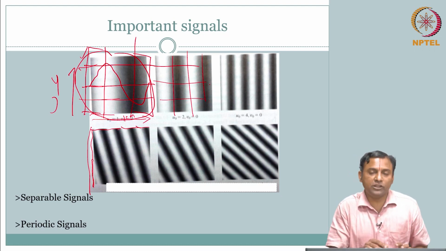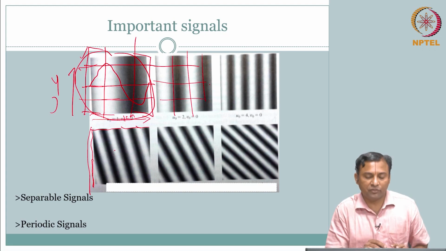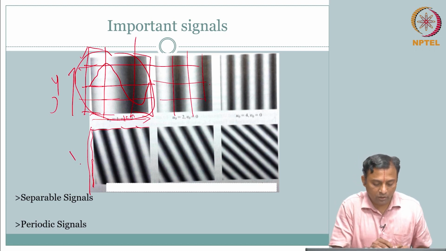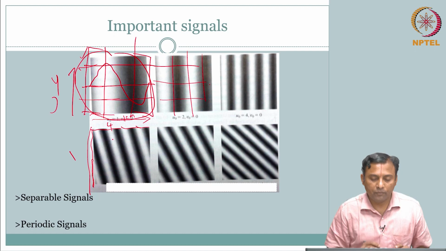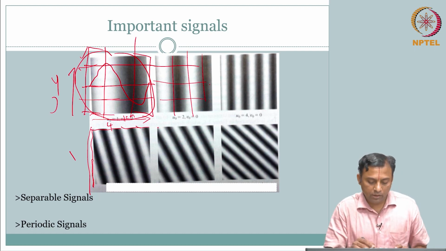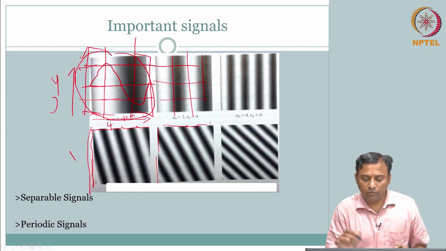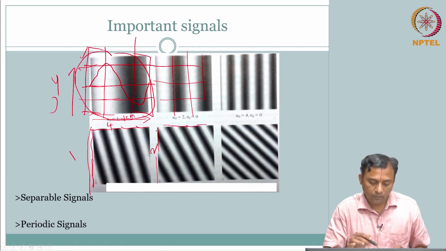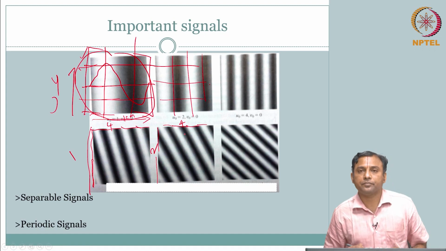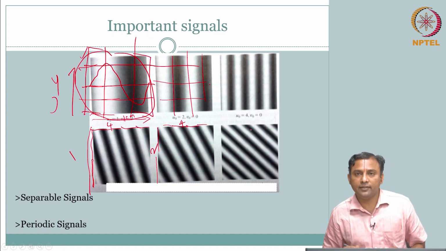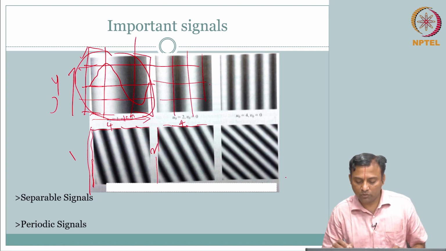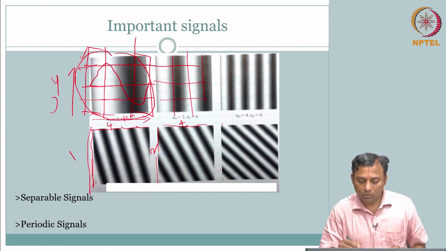So, depending on which frequency is high or which is low, the slant can change. For example, here we talked, it is 1 and 4. Here if you look, it is 1 and 2, and 1, 2, 3, 4. So, it is 2 and 4. Likewise, here, 1, 2, 3, 4, 1, 2, 3, 4.